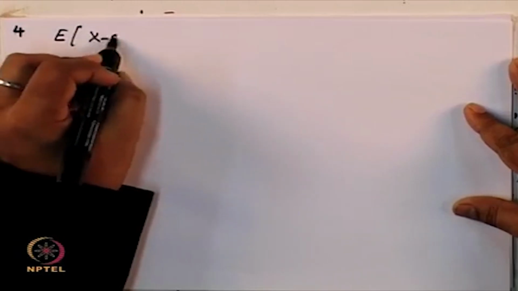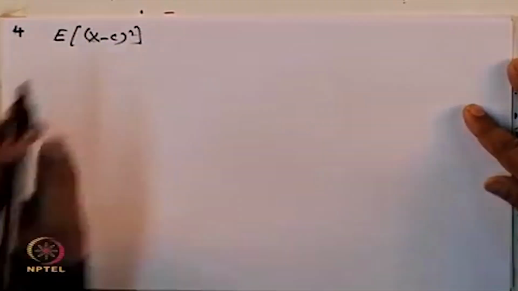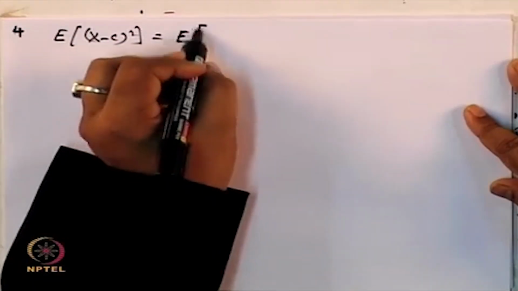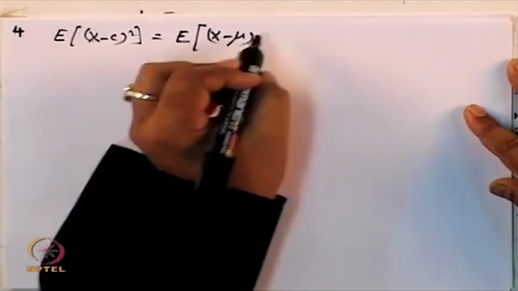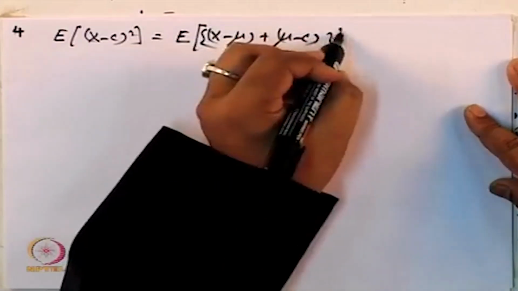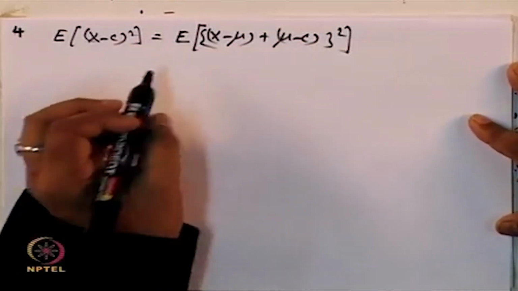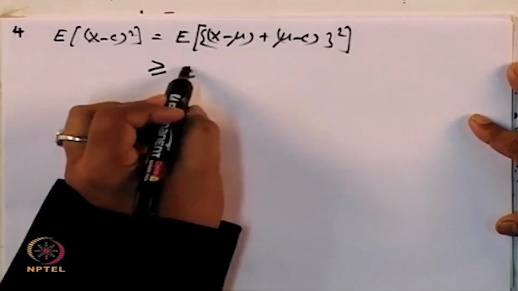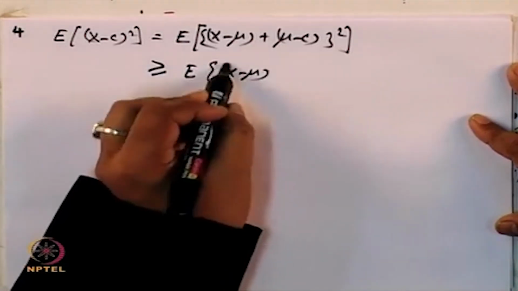So, we had earlier determined that if I take E of (x minus c) whole square, I can expand this as E of (x minus mu plus mu minus c) whole square, and this we had shown is greater than or equal to E of (x minus mu) whole square.